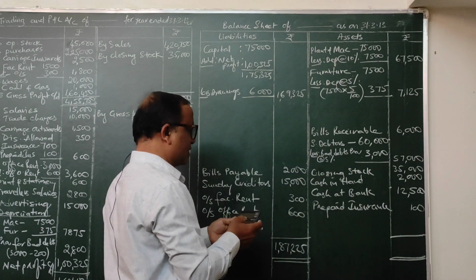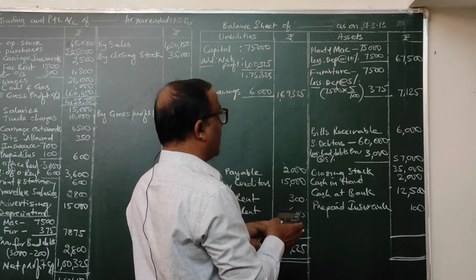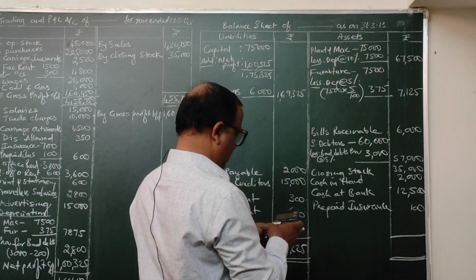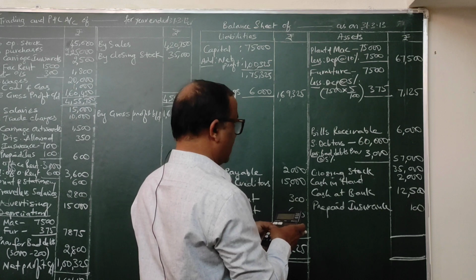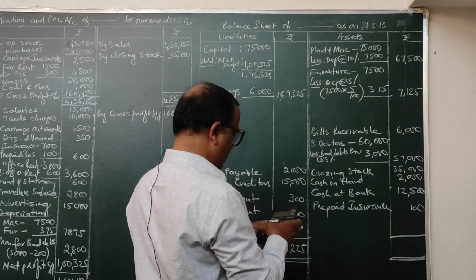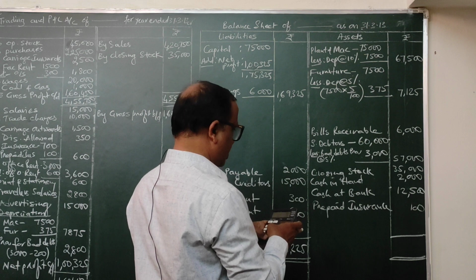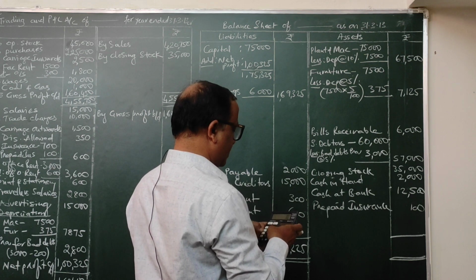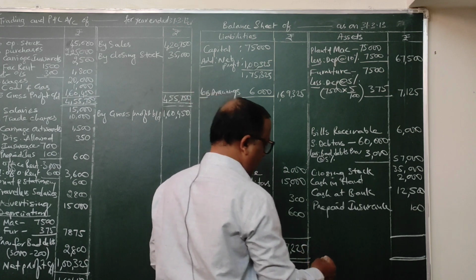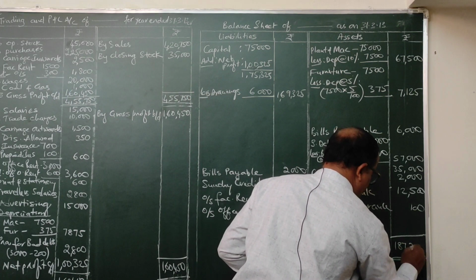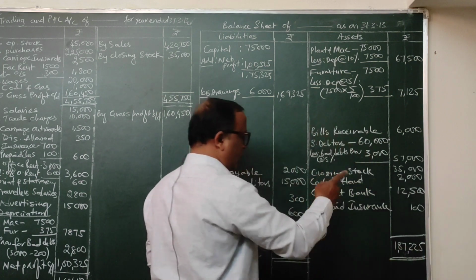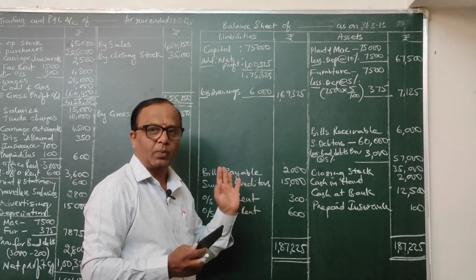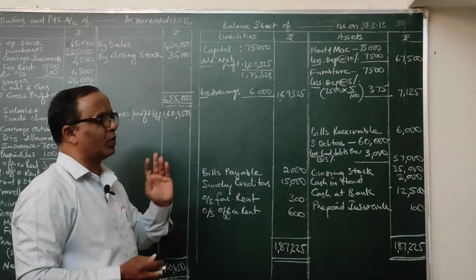If you total the asset side, check it: 67,500 plus 7,125 plus 6,000 plus 57,000 plus 35,000 plus 2,000 plus 12,500 plus 100. It is 1,87,225. So both on the asset side and the liability side, your total is 1,87,225. This is how we have completed this particular problem.